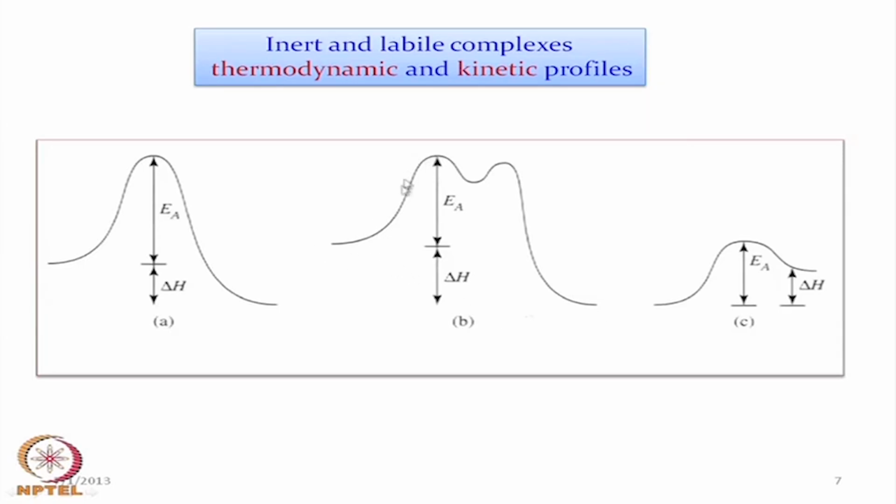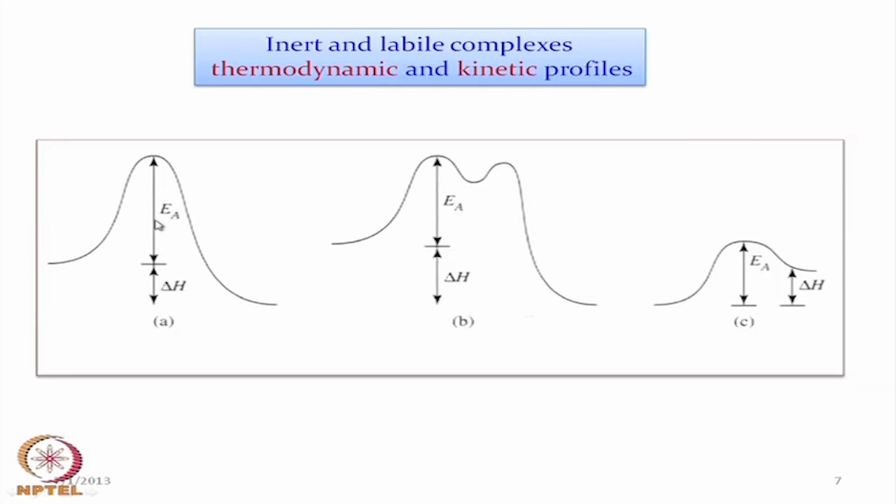So, this is the barrier that has to be crossed, and in some cases you can have an intermediate, and in other cases you do not have the intermediate. If it goes through the dissociative mechanism, we have the dissociated form, that means the 5 coordinated species is the intermediate. But if it is the associated form, the 7 coordinated species would be the intermediate.